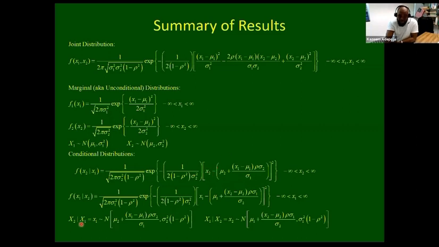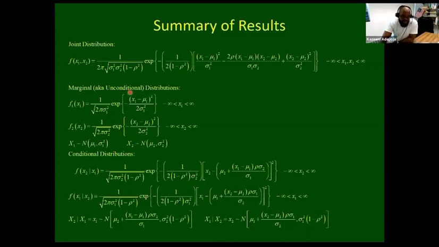We're talking about x2 given x1: this is the mean, and this is the variance. For x1 given x2, this is the mean, and this is the variance. And I told you how you can deduce this from here, and this from here, the same way.